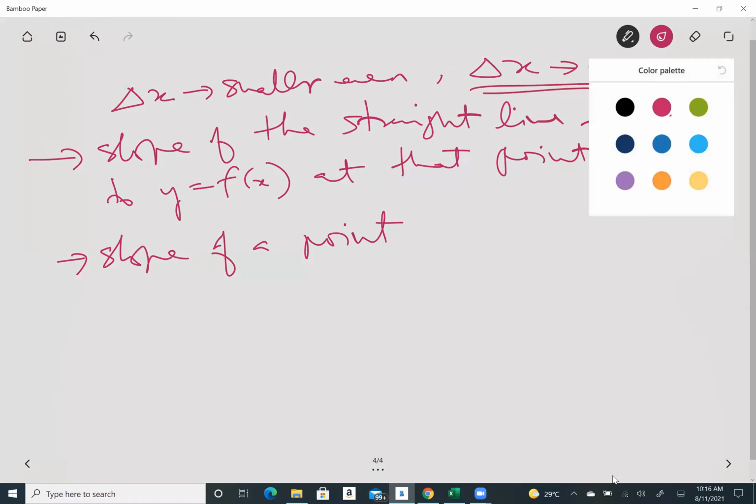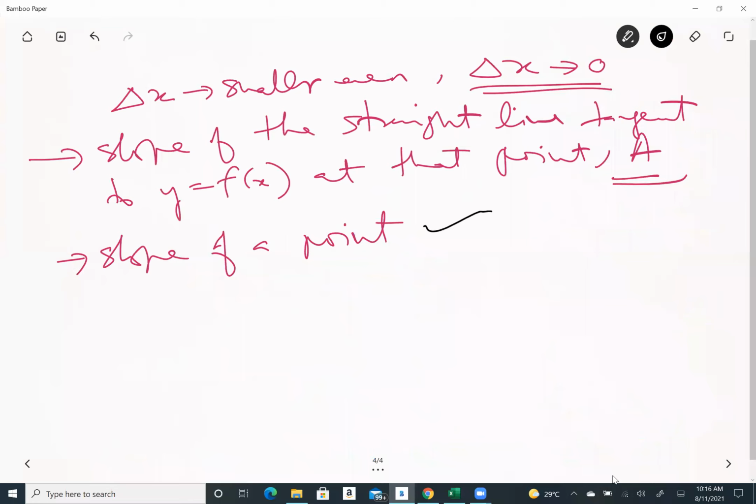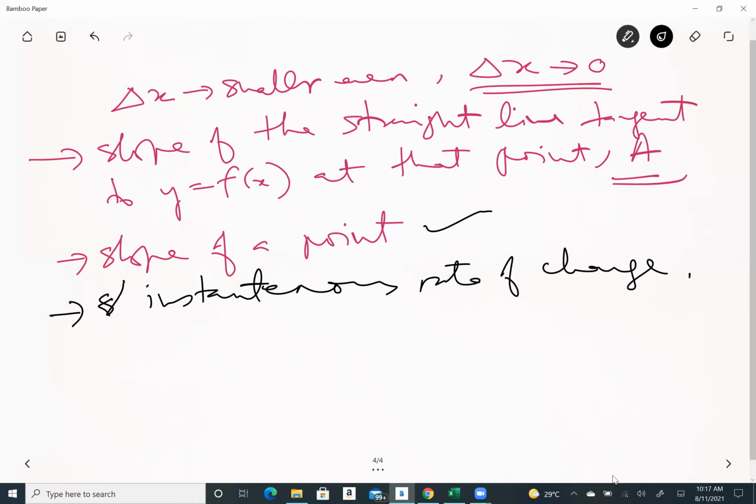So we call it slope at a point, or you call it instantaneous slope, or the book calls it instantaneous rate of change. So that is the derivative.